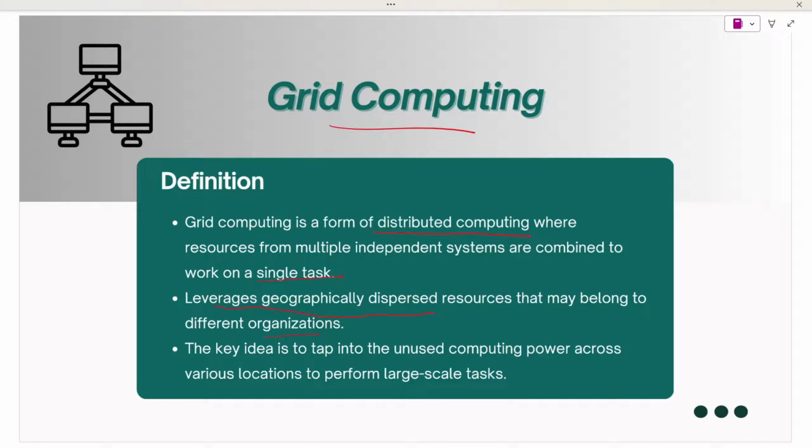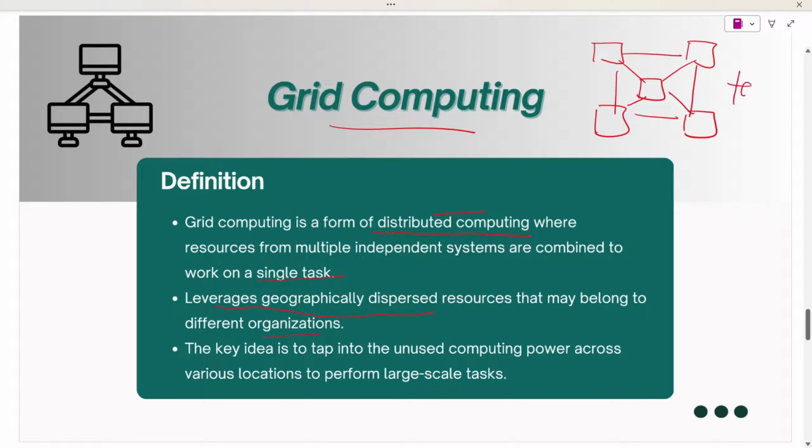So as you can see here, grid computing is a part of distributed computing. Distributed computing says that the task is divided among multiple independent computers, and grid computing will combine these computers to work on a single task.